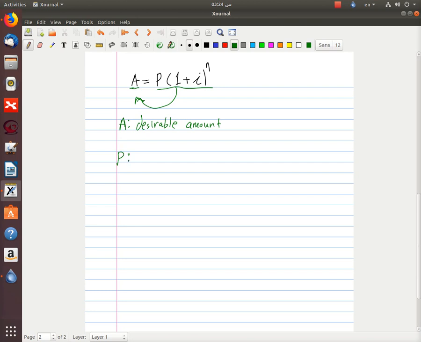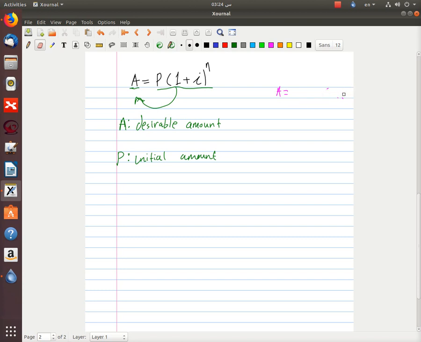P is the initial amount you start with. For example, if I gave you a problem with dollars, and you started with 50,000, then A equals 50,000 times (1 plus I), and everything is the same. So this is P, the initial amount.